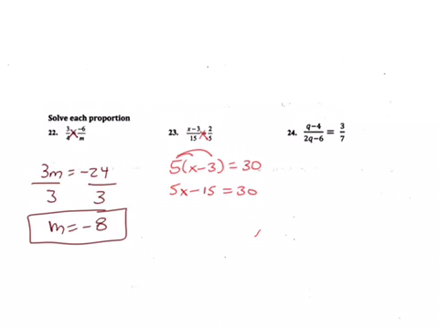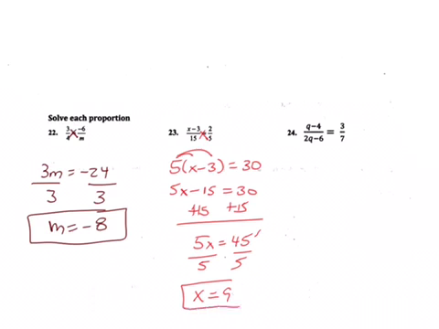At this point, we're going to solve this two-step equation, so we add 15 to both sides. We've got 5x equals 45. And the last step would be to divide by 5. And we get x equals 9.